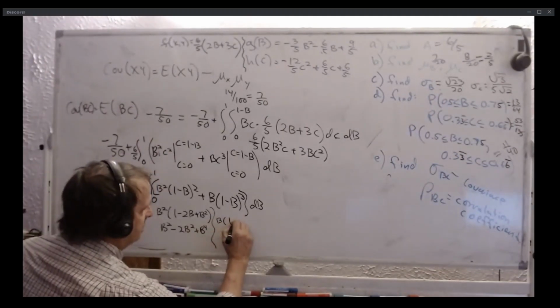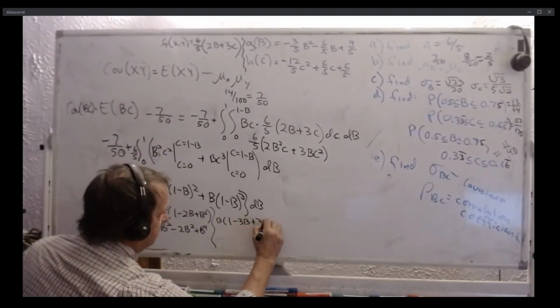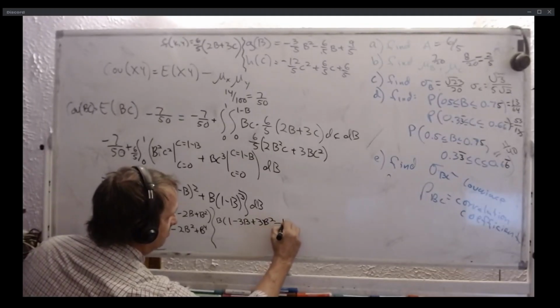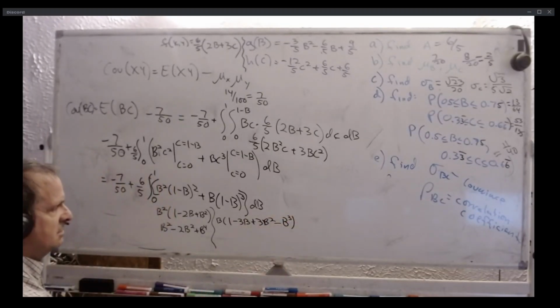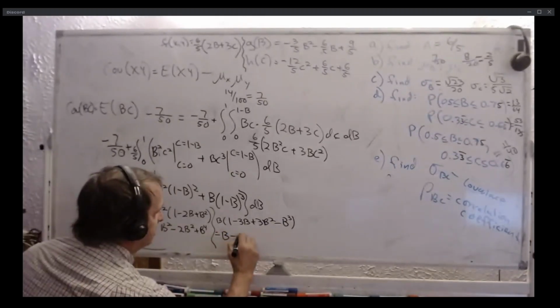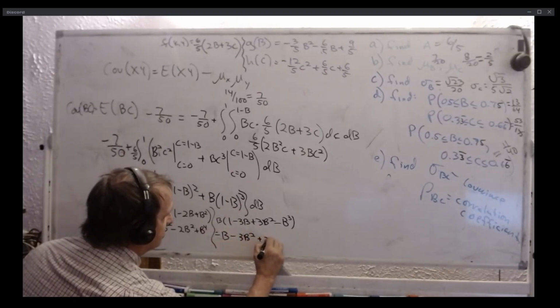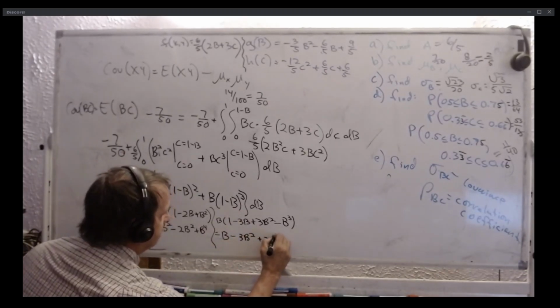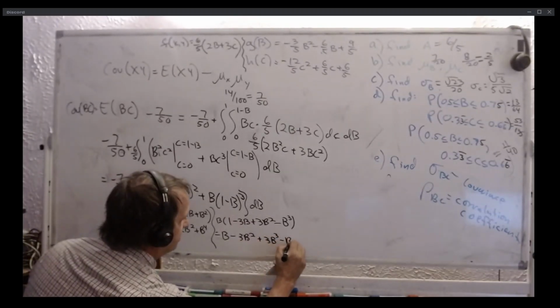So that's going to be 1 minus 3b plus 3b squared minus b cubed. I think I did that right. So b minus 3b squared plus 3b raised to the 3rd power minus b raised to the 4th.